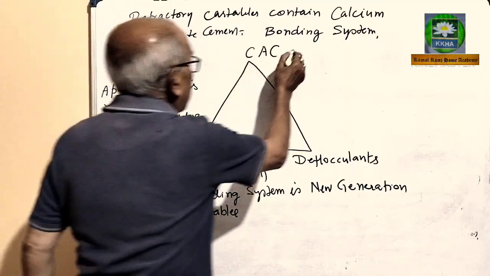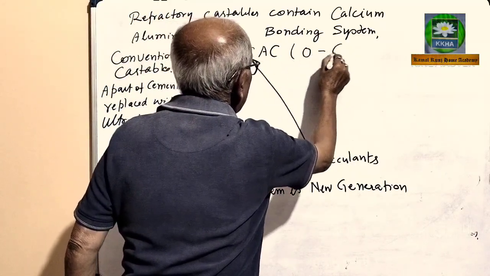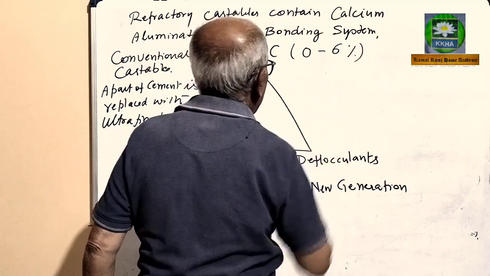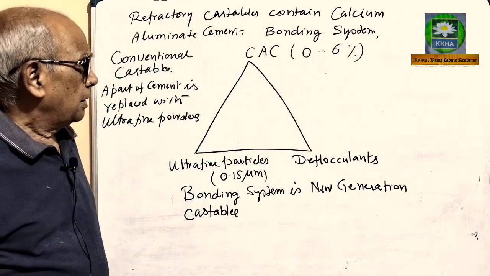Cement content varies from 0 to 6%, with 0 for no cement castables.